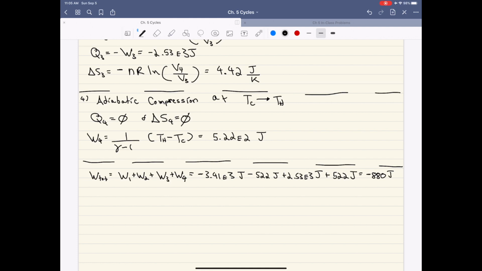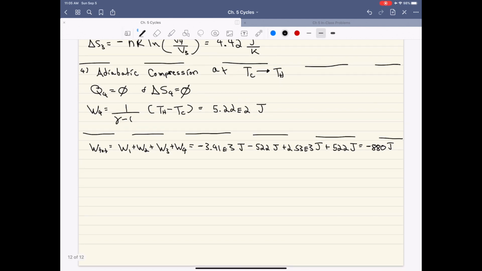Overall, the gas is giving work to the surroundings, so we're producing work. If we want to calculate our overall efficiency, it's minus total work over the heat from the hot reservoir, which was QH.